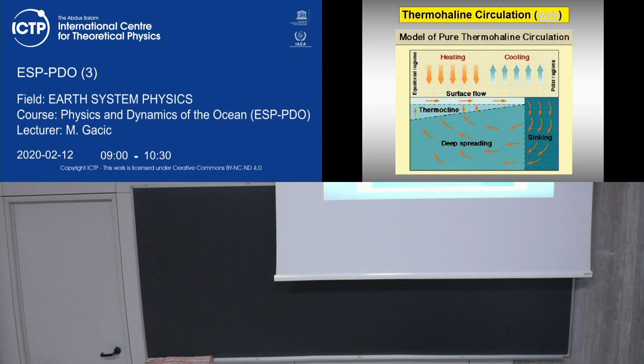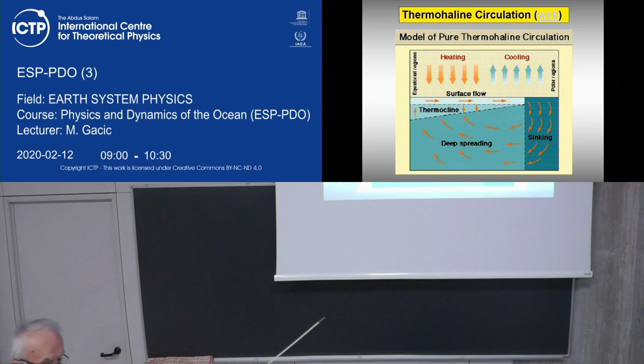So due to this cooling, due to the decrease of temperature, there is an increase of density. But on the other hand, we have also the increase of salinity, because there's an increase of evaporation due to the outbreaks of the cold continental air over the sea.